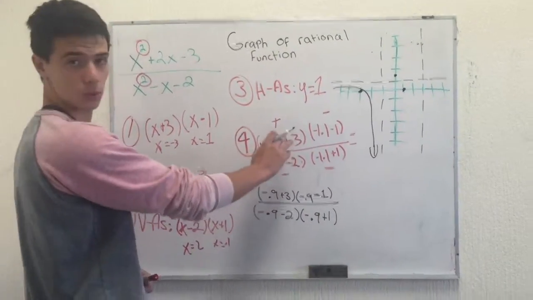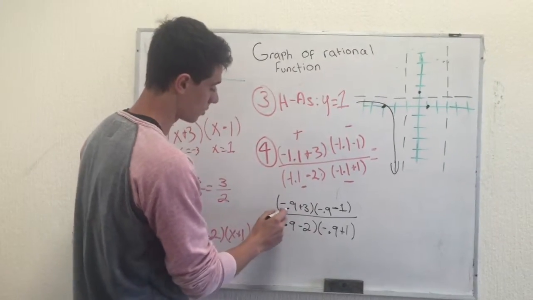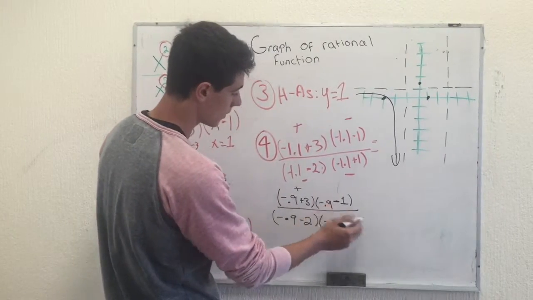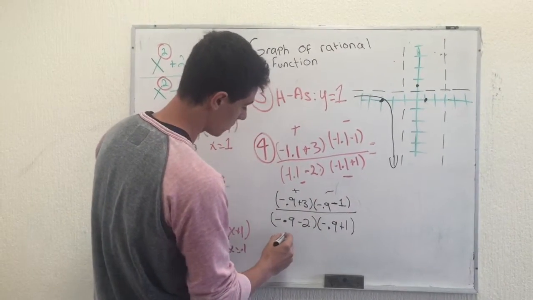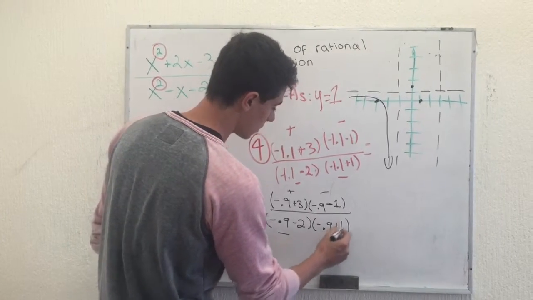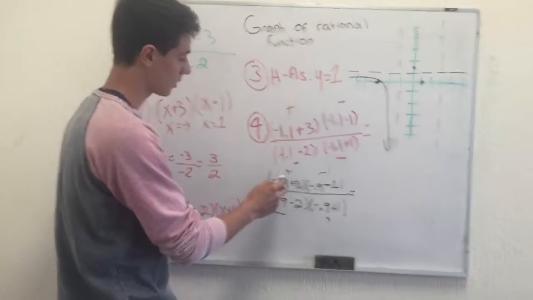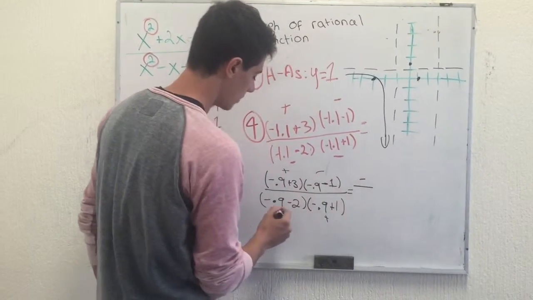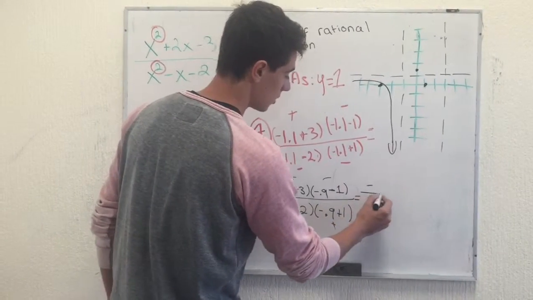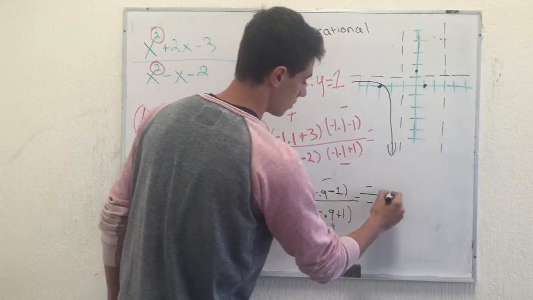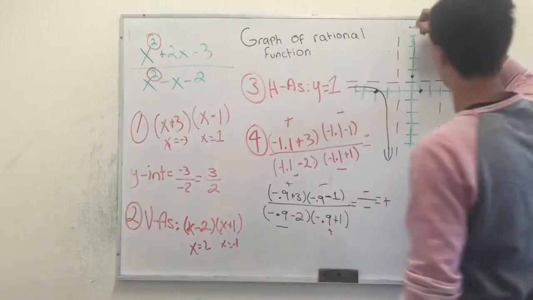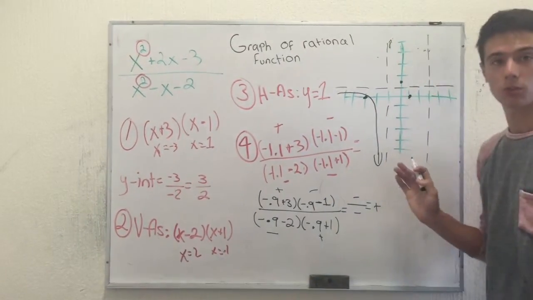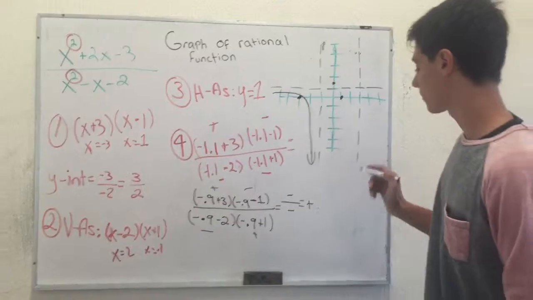So we're gonna do the same procedure right here. -0.9 plus 3 is gonna be plus. Right here we're gonna get minus, here we get minus, and right here we get a plus. So this is gonna be plus times minus, which is minus, over minus times plus, which is minus, and minus over minus is equal to plus. So we know that when the graph approaches -0.9, it's gonna go upwards.